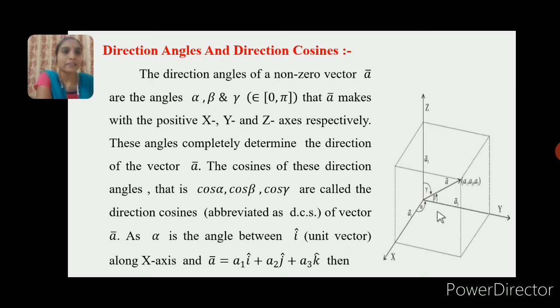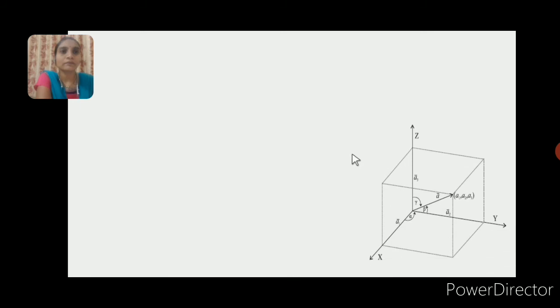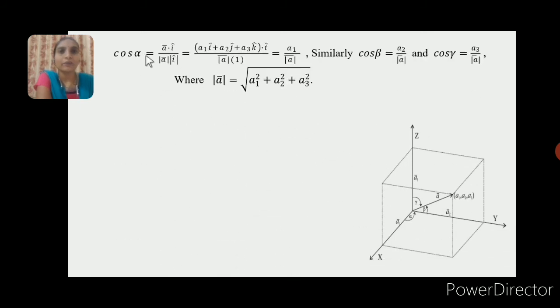As alpha is the angle between I cap along x axis and A bar is equal to A1 I cap plus A2 j cap plus A3 k cap, then cos alpha is equal to A bar dot I cap divided by magnitude of A bar into magnitude of I cap, which is equal to A bar, that is A1 I cap plus A2 j cap plus A3 k cap, dot product with I cap divided by magnitude of A bar into magnitude of I cap.